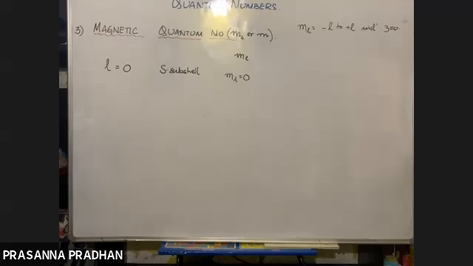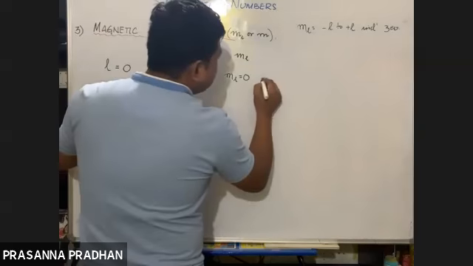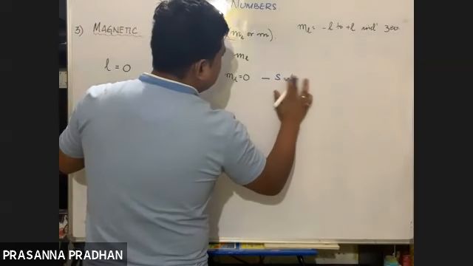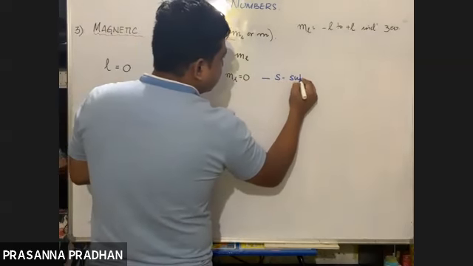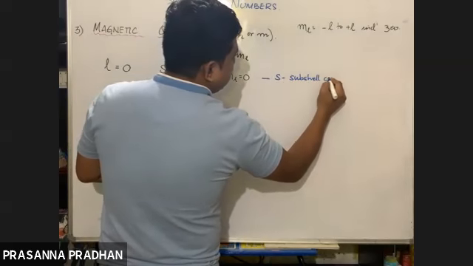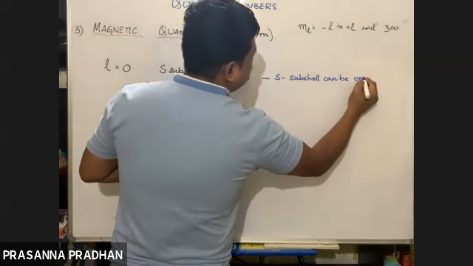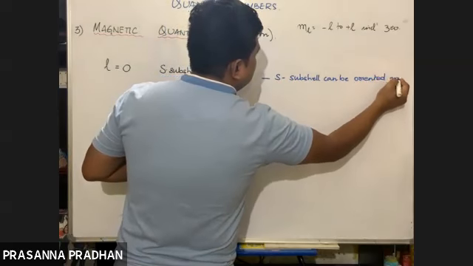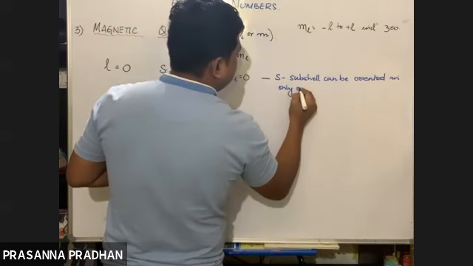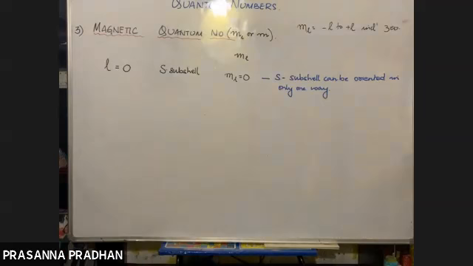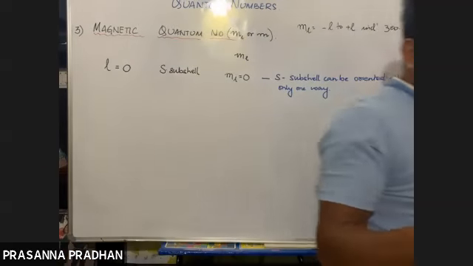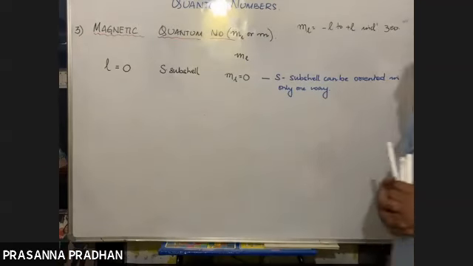How many values of ml are there? Only one, which is equal to 0. Since only one value of ml is possible, the S subshell can be oriented in only one way. By the way, what was the shape of the S subshell? Spherical, just like a ball.